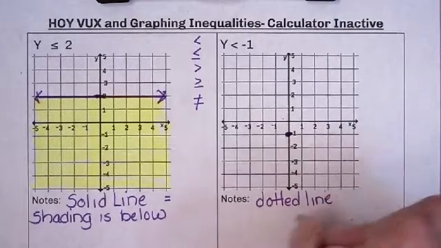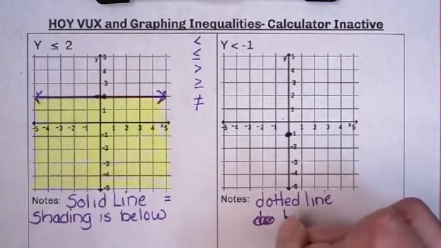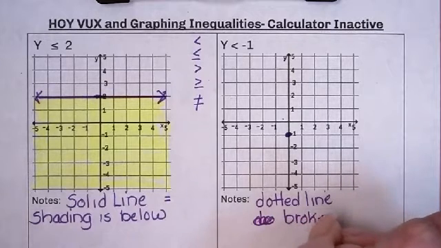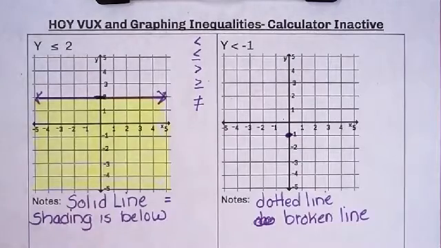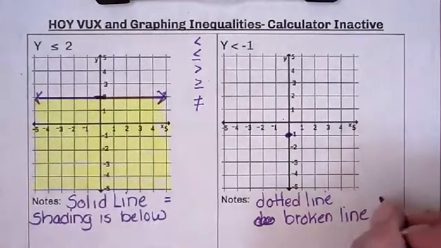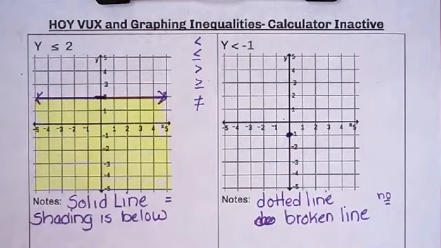And sometimes that dotted line is referred to as a broken line. What dotted or broken refers to is that there is no equal to. The no equal to is not part of the inequality.